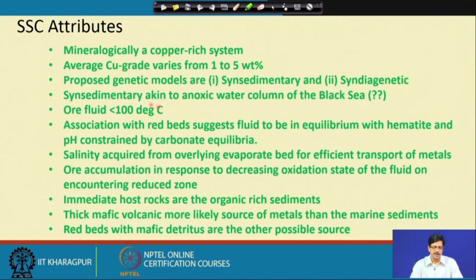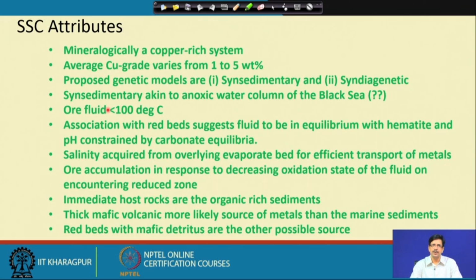It will only come out because of the very high dissolving power of such water, with very low pH and a reducing fluid, which can accommodate or dissolve a lot of metals, as we see in the present situation in the Black Sea.